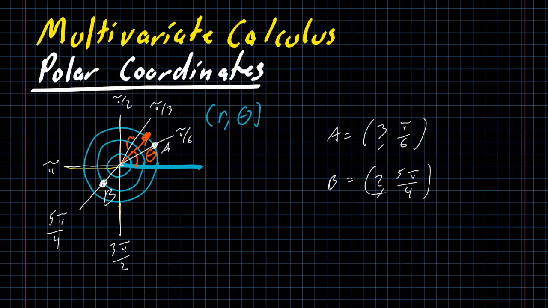Now, if we're using r and theta to describe a point in the coordinate plane, and we've already established that we can reference any point in the coordinate plane as an x and y pair, then we should be able to work backwards and get right back to that, shouldn't we?